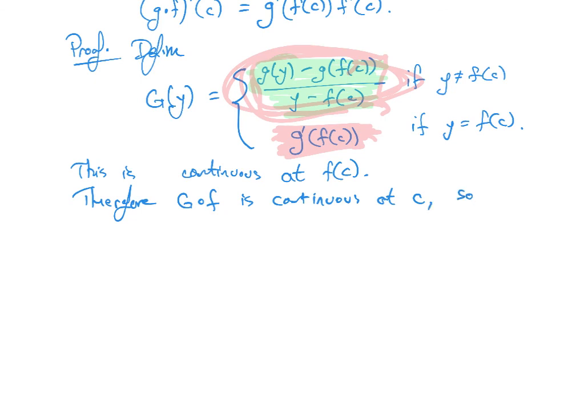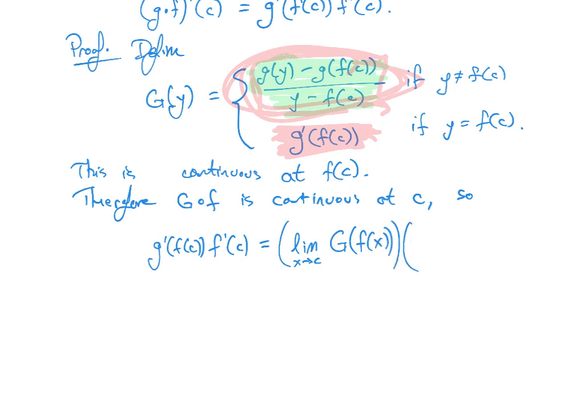And now I have 1 minute left. Let me just see if we can get it done in maybe 5 minutes. Just like the proof of the product rule, we're going to work backwards from what we know it should be. So if we look at this, we know that g prime of f of c is the limit of this capital G of f of x as x approaches c.